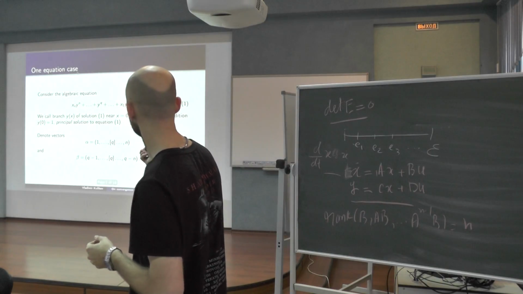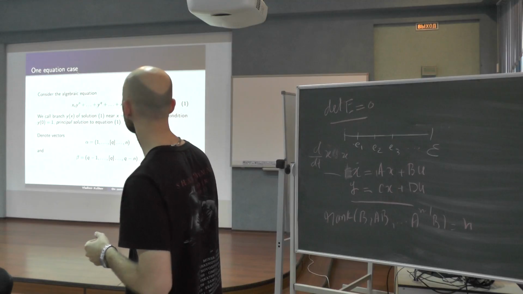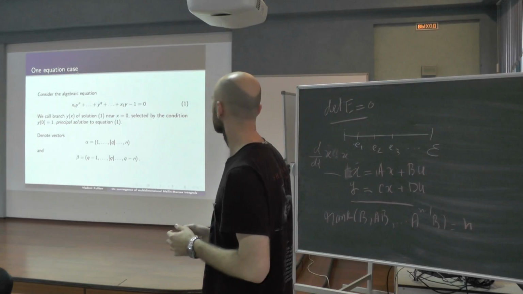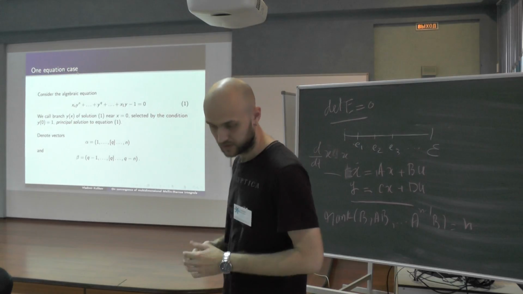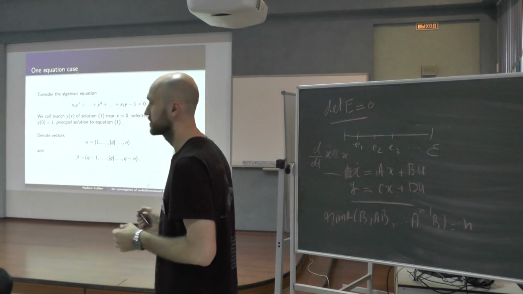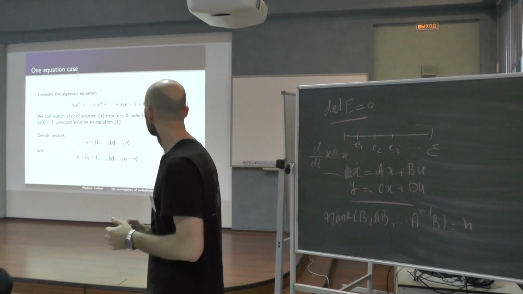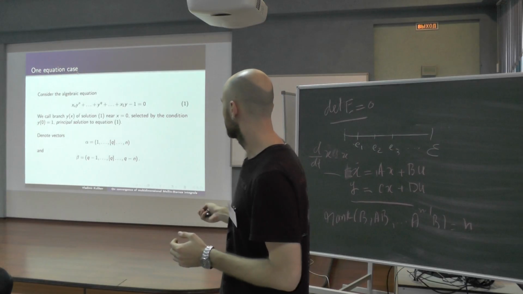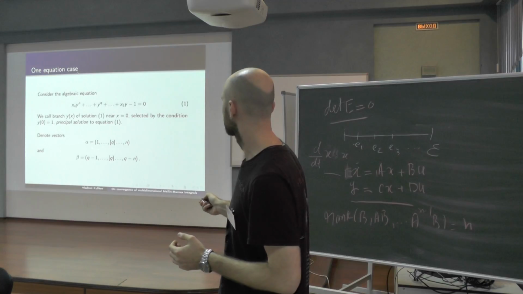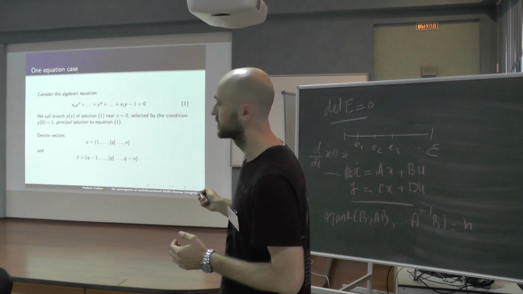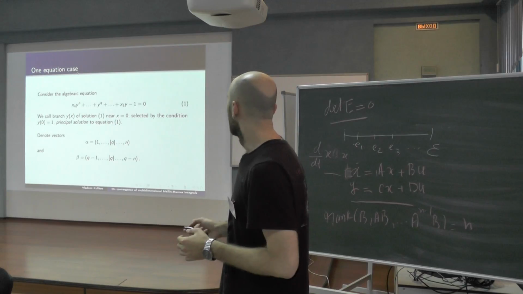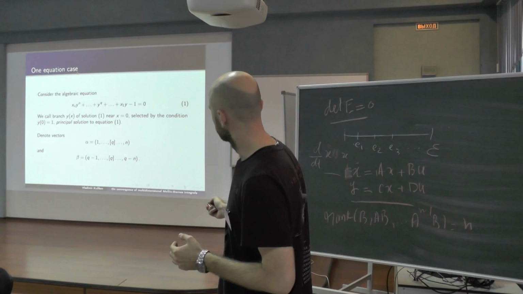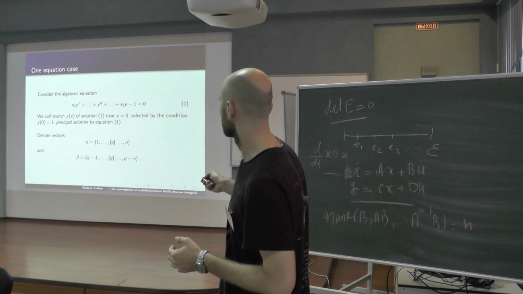Okay, we have equation phi1. We call the branch y of x of solution 1 near x equals 0, selected by the condition y(0) equals 1, the principal solution to equation 1. Denote vectors alpha and beta, these vectors of exponents in these equations, and beta is the vector q minus alpha.